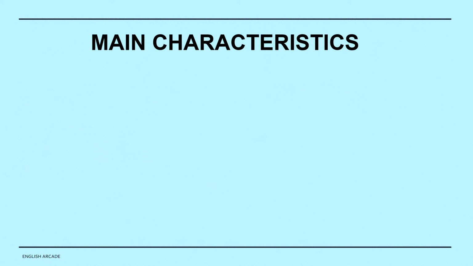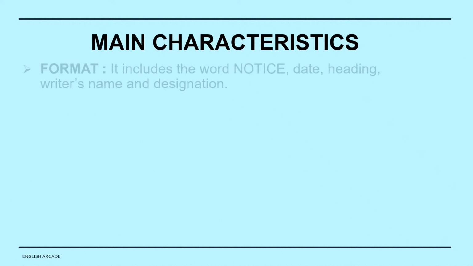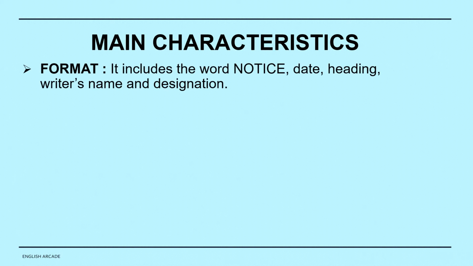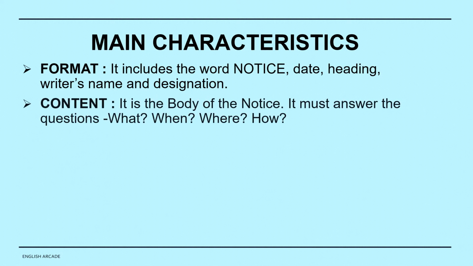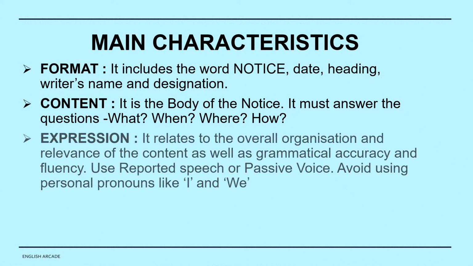The main characteristics of a well-written notice include format. This includes the word notice, date, heading, writer's name, and designation. The content of the notice, which is the body of the notice, must answer the questions like what, when, where, and how.